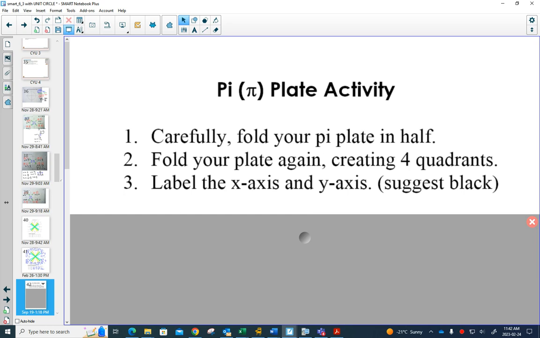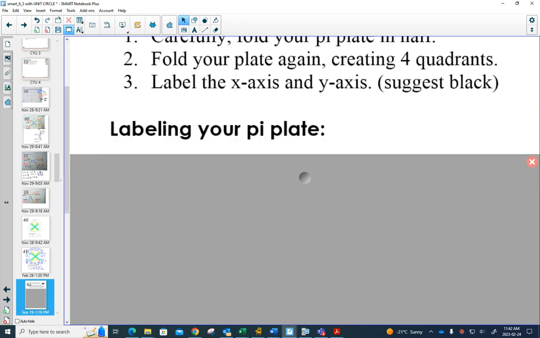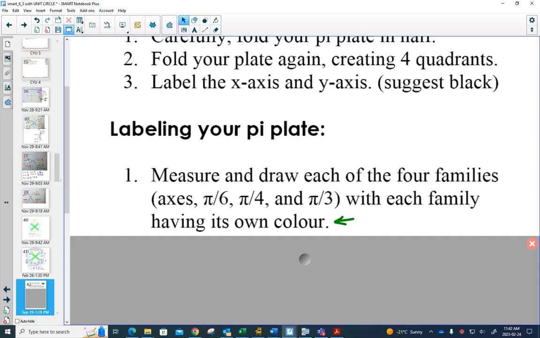So we're going to label our axes families, and then you're going to color code each of your families. So for example, on the spiderweb one, they made their pi over 6 family in red, their pi over 4 family in teal, and their pi over 3 family in orange.